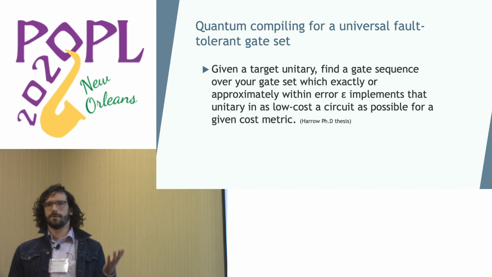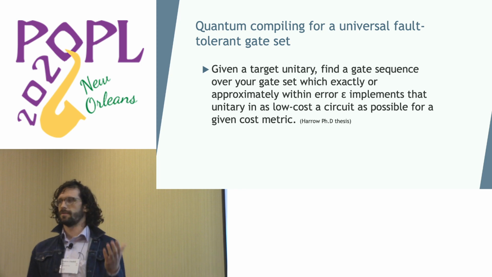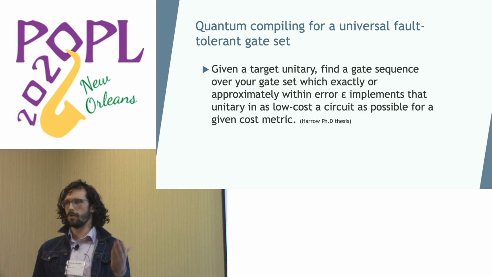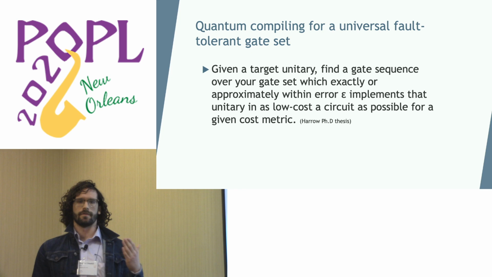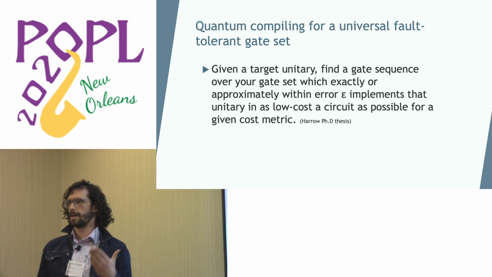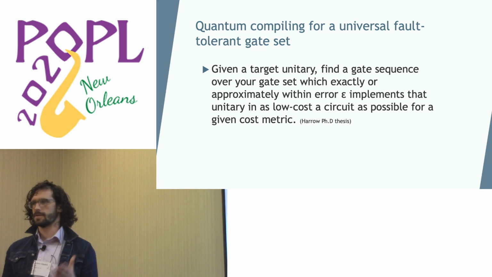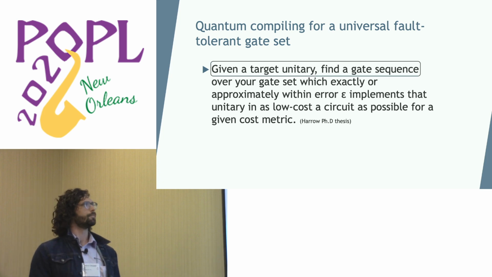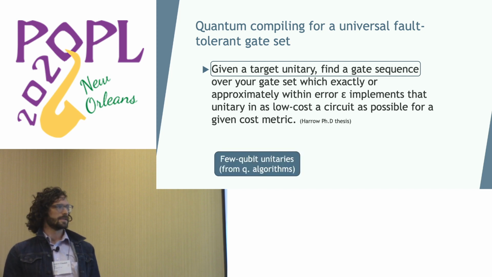But basically the goal is, given a target unitary, to find some gate sequence which over your gate set exactly or approximately implements the unitary in as low cost a circuit as you possibly can for a given cost metric. And so there's a lot to unpack here, so I'll try and do it line by line. So given a target unitary, find a gate sequence.